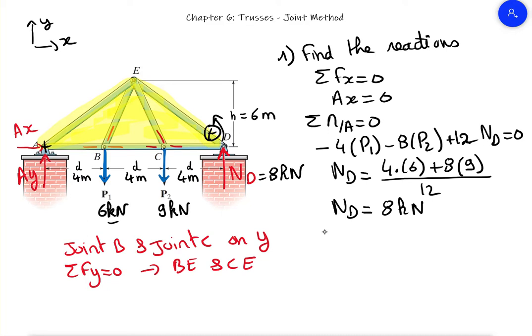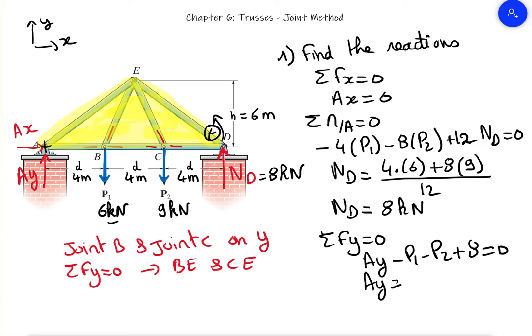And if we do the sum of the forces on Y equal to 0, we have AY minus P1 minus P2 plus 8 equal to 0. So AY is equal to P1, 6, plus P2, 9, minus 8, so AY is 7 kilonewton.